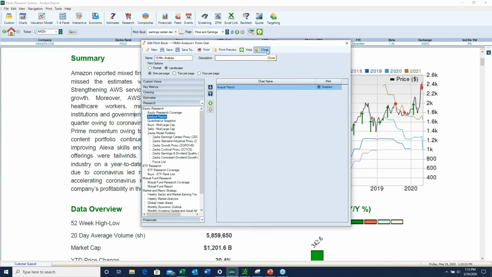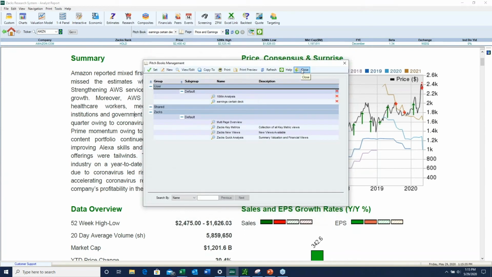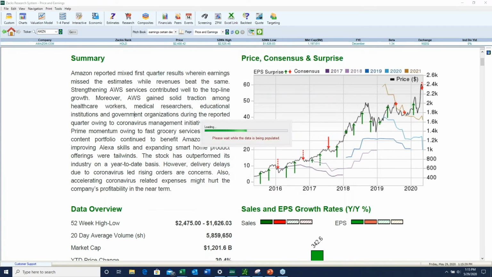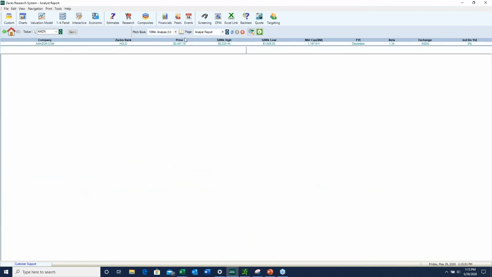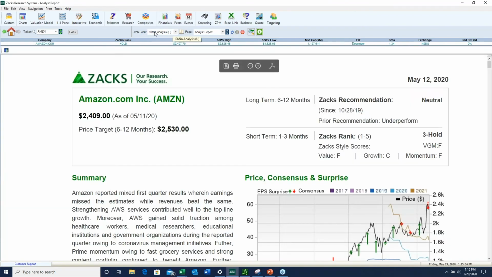I won't add any of the other charts just yet, and I'll show you exactly how to add to this report as we go. So now I just set our 10-minute analysis pitch book, and now it's going to bring that up. You'll see that listed right here under this pitch book section. And within that pitch book, you'll see that right now we only have one page, which is this analyst report.